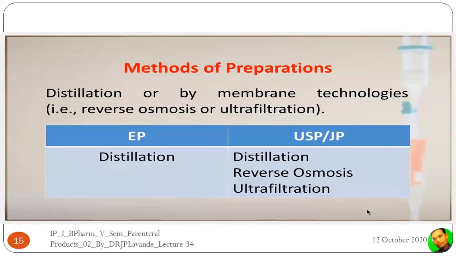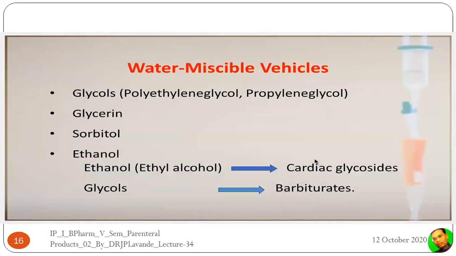These membrane technology methods are used in order to produce the water for injection. As far as the European pharmacopoeia is concerned, distillation is the method used to produce the water for injection. And as far as the United States Pharmacopoeia and Japanese Pharmacopoeia are concerned, distillation along with reverse osmosis and ultrafiltration are the technologies used to produce the water for injection.